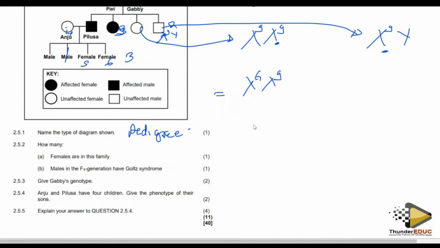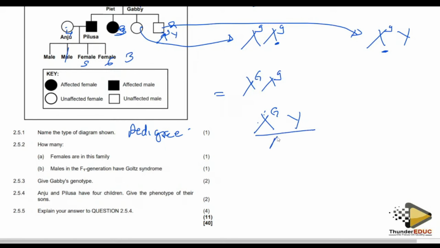The sons. Okay. So now look. Pilusa is a male, and Pilusa is affected, meaning he has a capital G and a capital Y. But Anju is a female, and the condition is caused by a recessive allele.